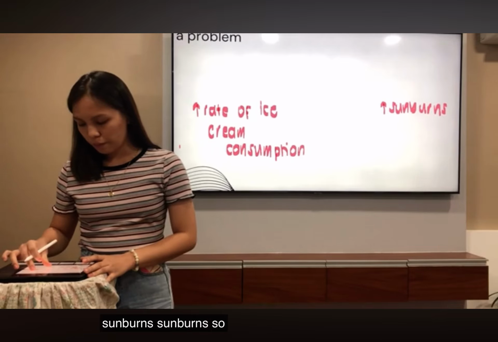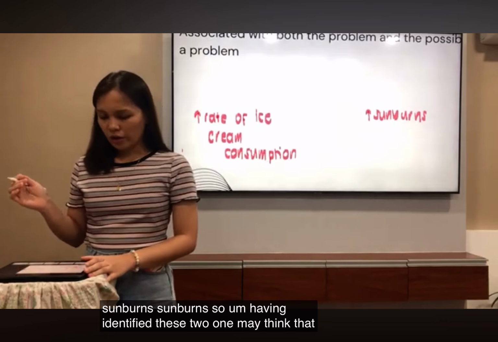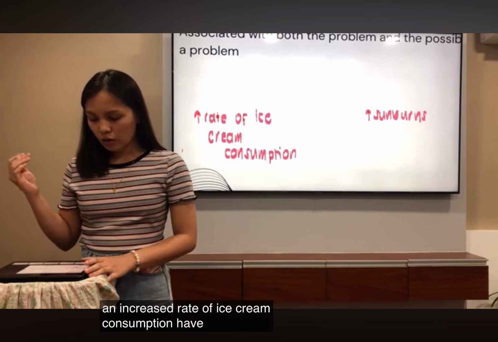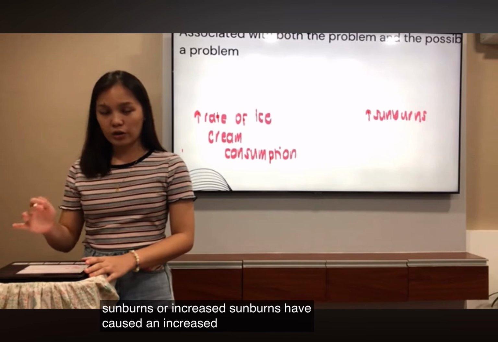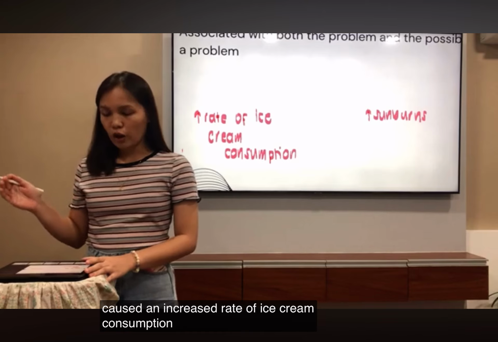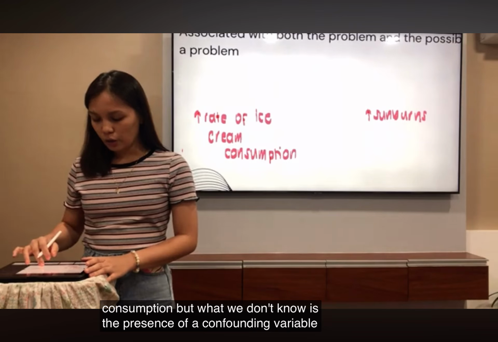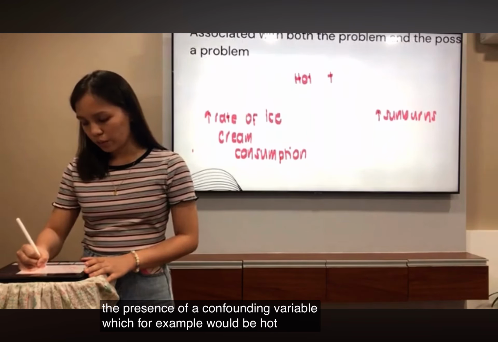So, having identified these two, one may think that an increased rate of ice cream consumption has caused increased sunburns, or increased sunburns have caused an increased rate of ice cream consumption. But what we don't know is the presence of a confounding variable, which, for example, would be hot temperature.